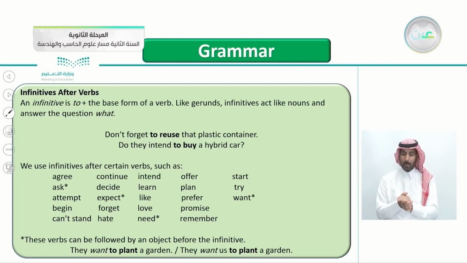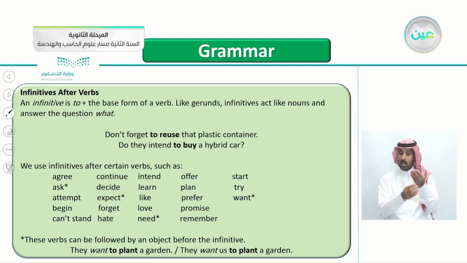Of course, you can notice that there are some verbs here that are in the gerund list also, so you can choose. For example, like, love, hate, intend, and so on. Some verbs are shared with the gerunds or the infinitives. And these marks, the stars, mark verbs that can be followed by an object before the infinitive.